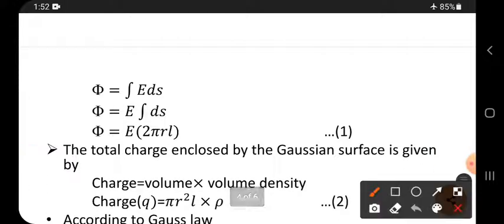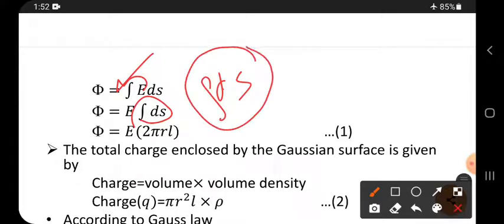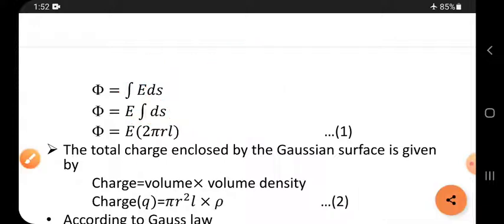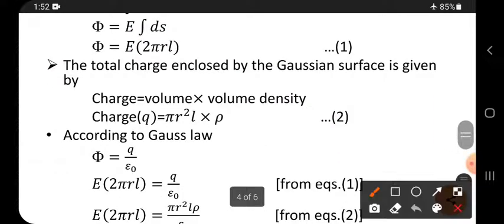Keep E outside. ds is the area of the small element, and if you integrate it, it gives the total area of the cylinder, which is 2 pi R L.